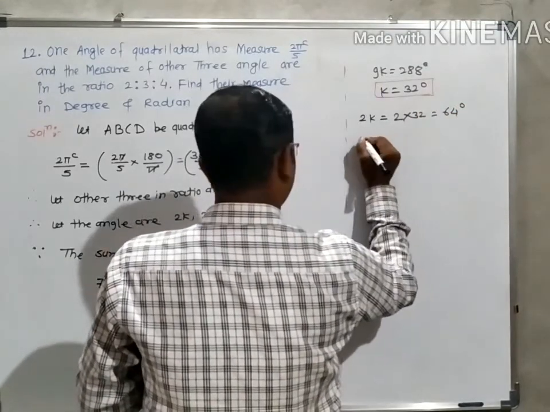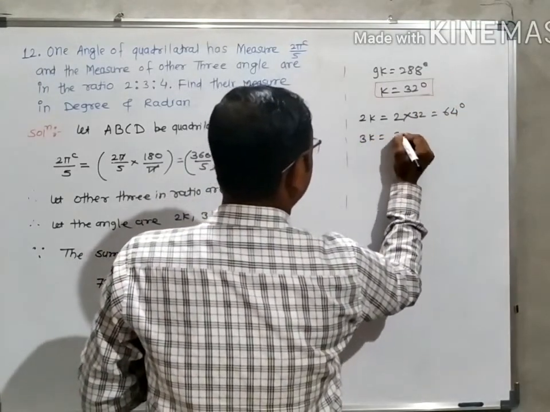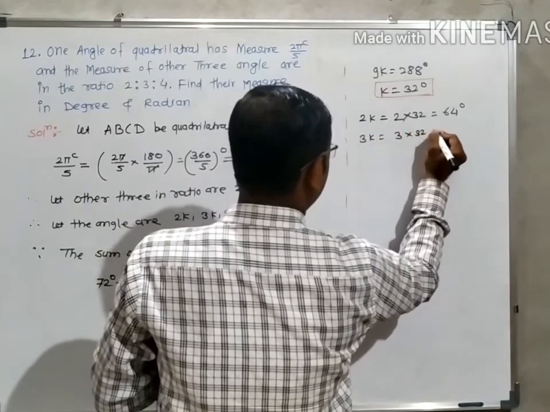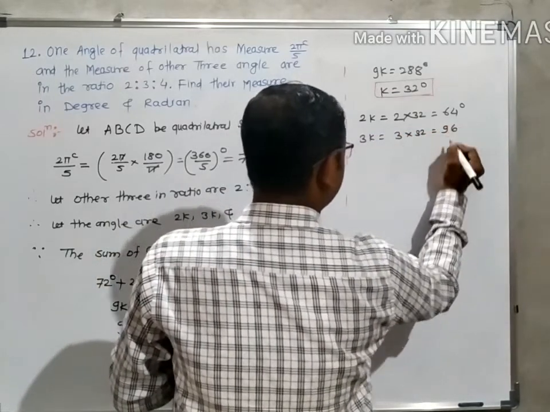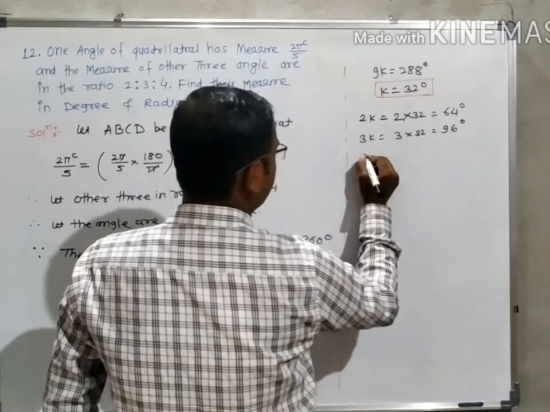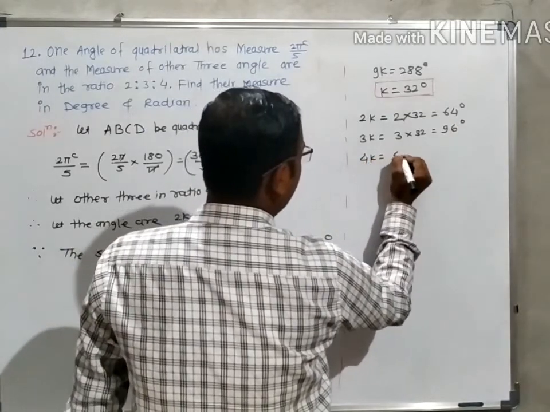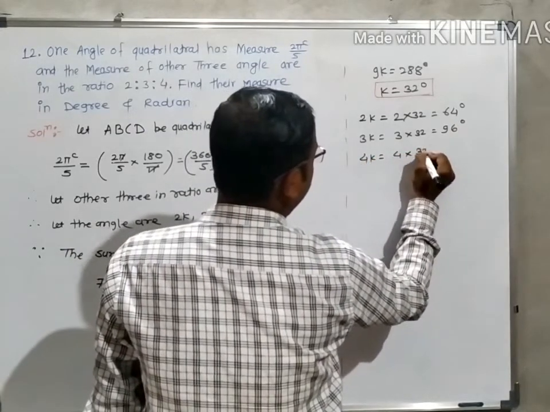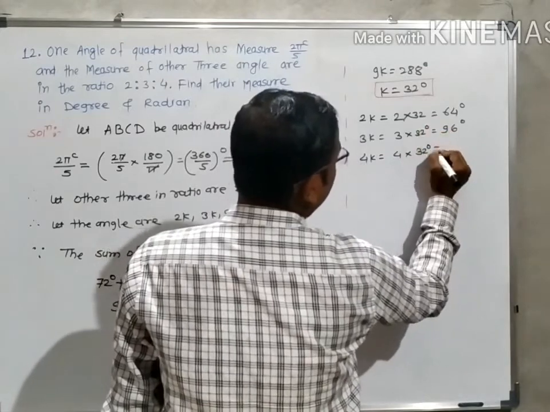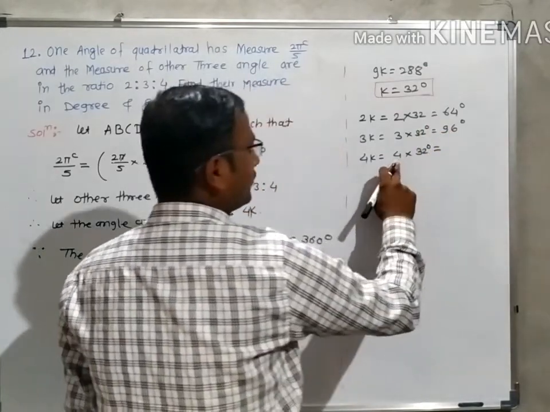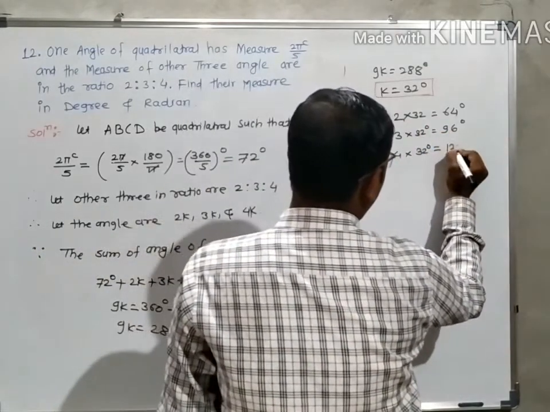Next is 3k, so 3 into 32 is 96 degrees. The next angle is 4k, so 4 into 32 is 128 degrees.